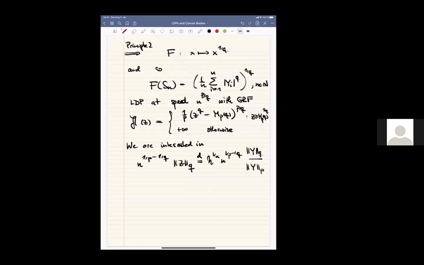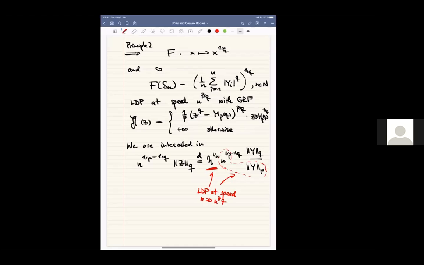So this here satisfies an LDP at speed n, which is much larger than n to the p over q, because q is larger than p. This is also the case for this thing here.